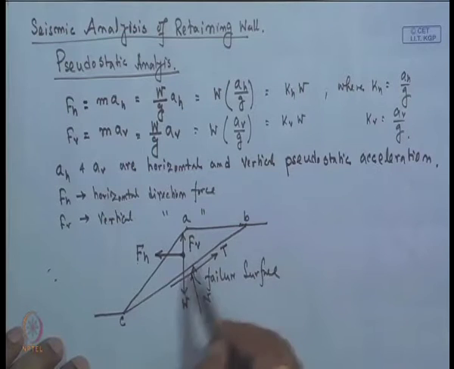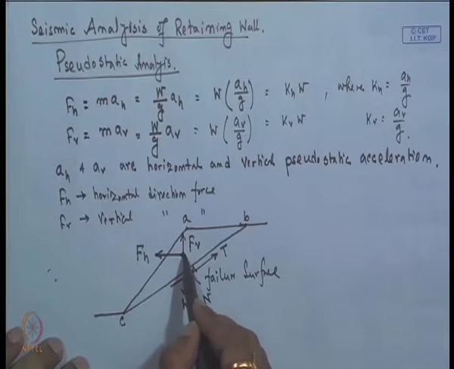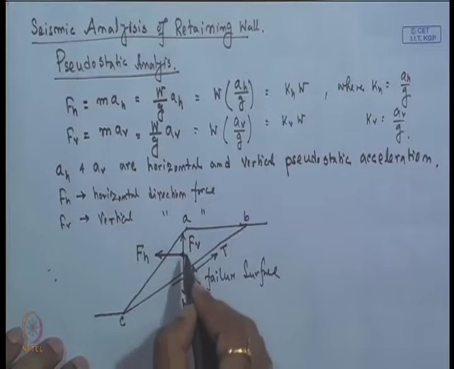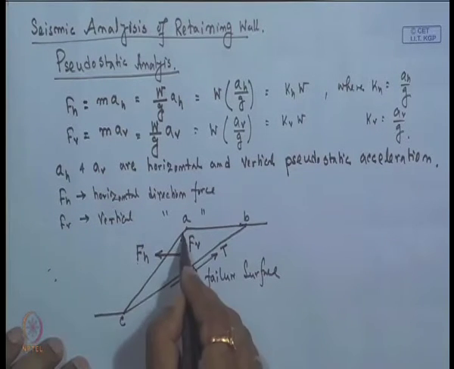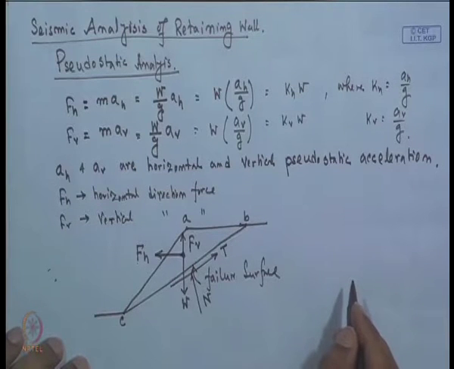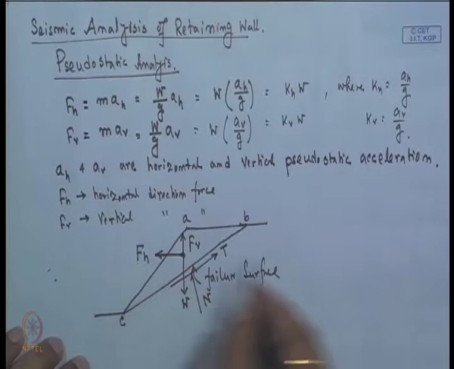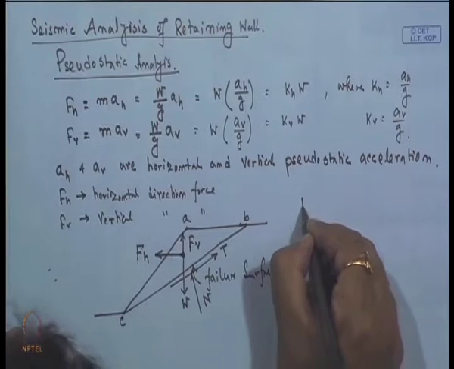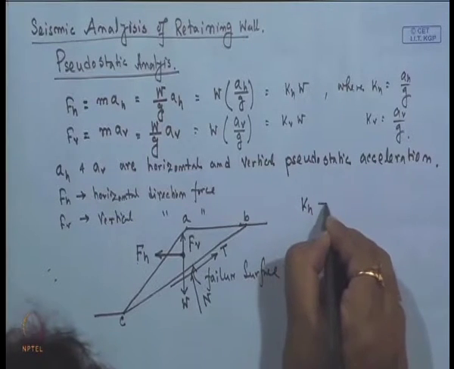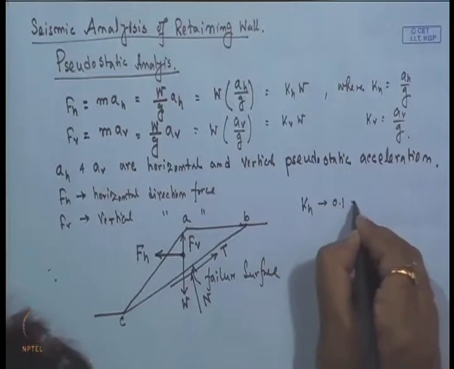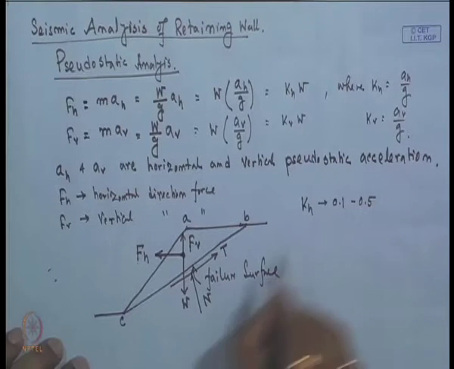We add these pseudostatic forces on this weight, and this weight acts at the centroid of the triangle. So, the forces Fh and Fv act, one in the horizontal direction and another in the vertical direction. For Fh we can apply Kh, and that range is 0.1 to 0.5.